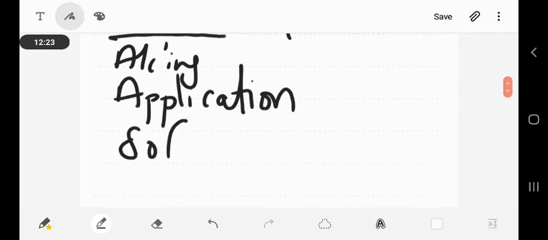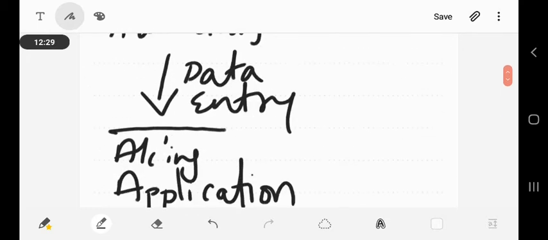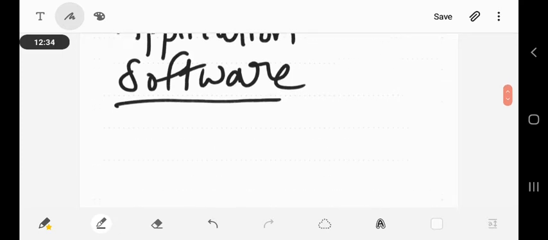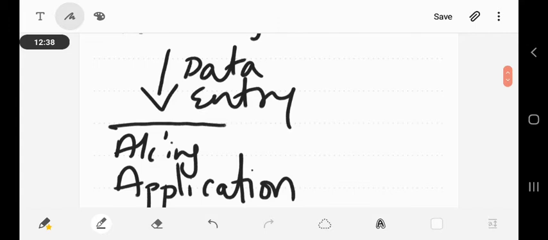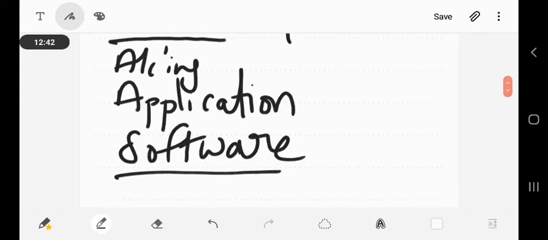Accounting application software. Okay, the data will be entered into the accounting application software, and these are the input transactions entered here in this accounting application software.